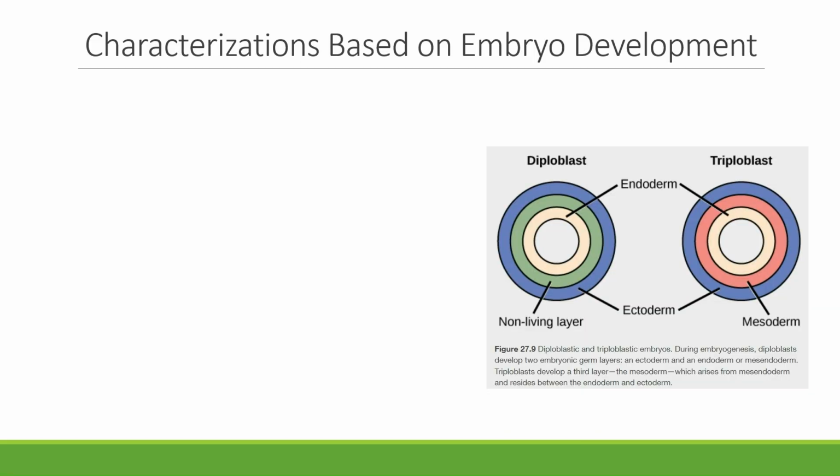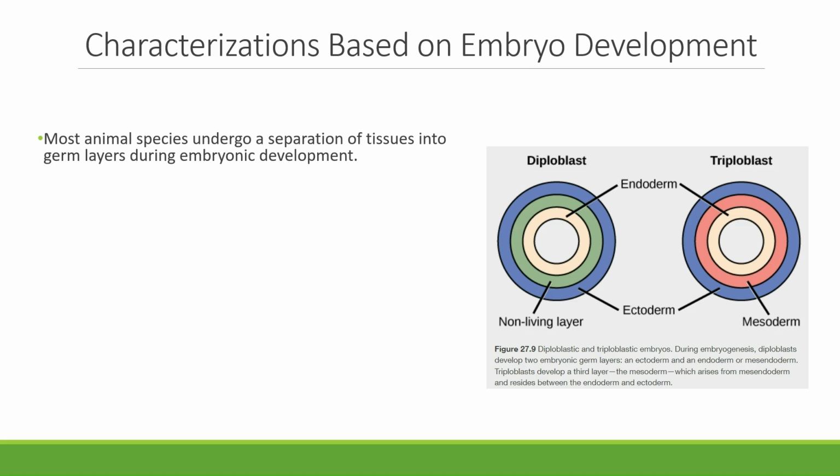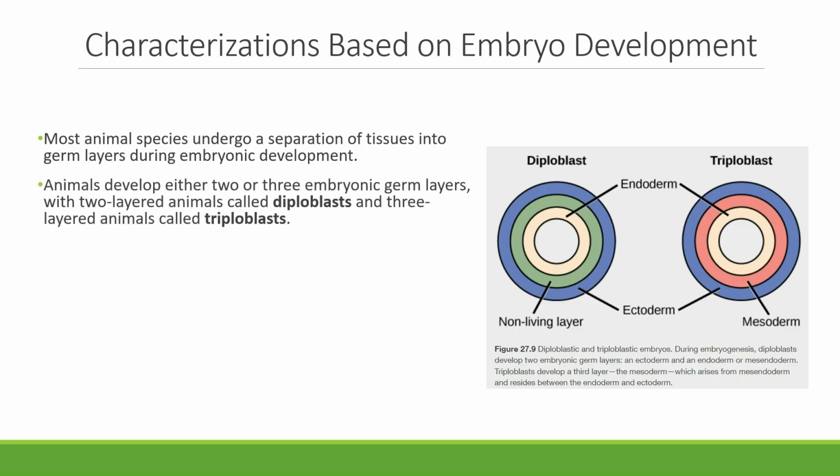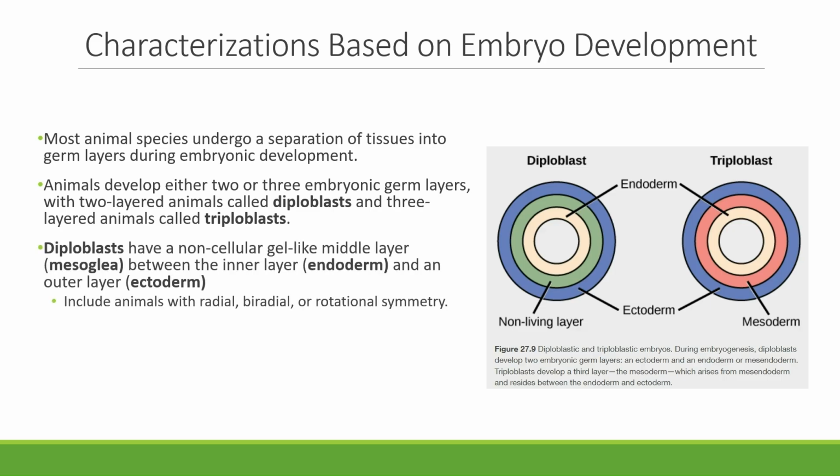Let's look at the characterizations here based upon embryo development. Most animals separate tissues into germ layers during embryonic development, and this allows us to categorize animals as diploblastic or triploblastic. Diploblasts possess 2 germ layers, an ectoderm and endoderm. Between them is a gel-like layer that is called mesoglea. This layer is not a true mesoderm.